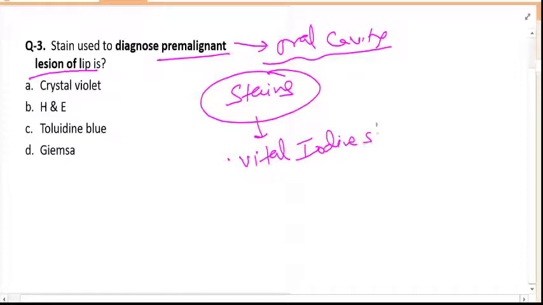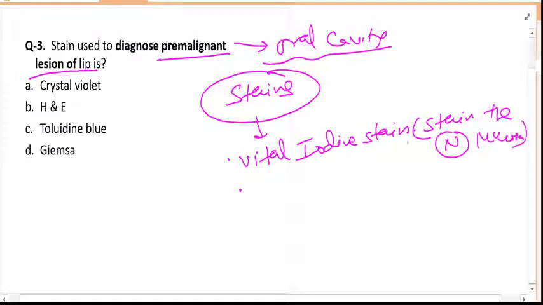When you stain the suspicious lesion with vital iodine stain, the normal mucosa will be stained and the abnormal will not be stained. So that is vital iodine. It will stain the normal area, stain the normal mucosa. So that part of the mucosa which is not stained, that is suspicious.